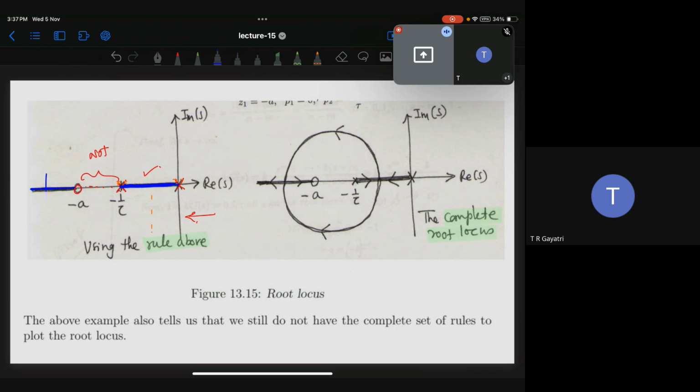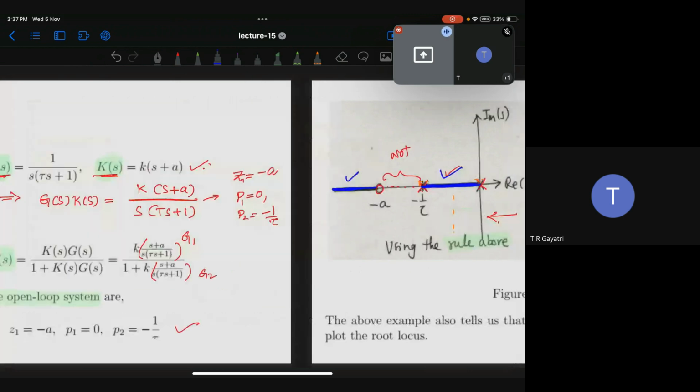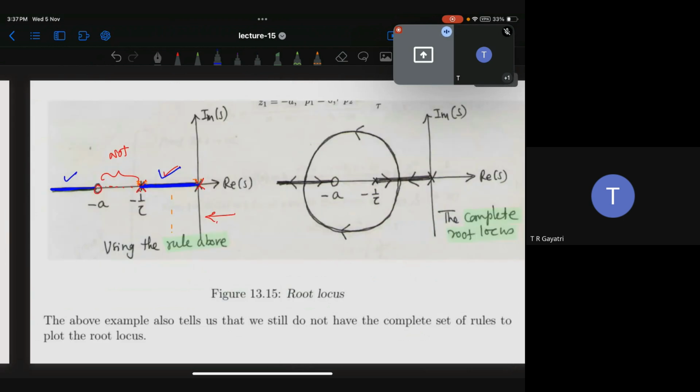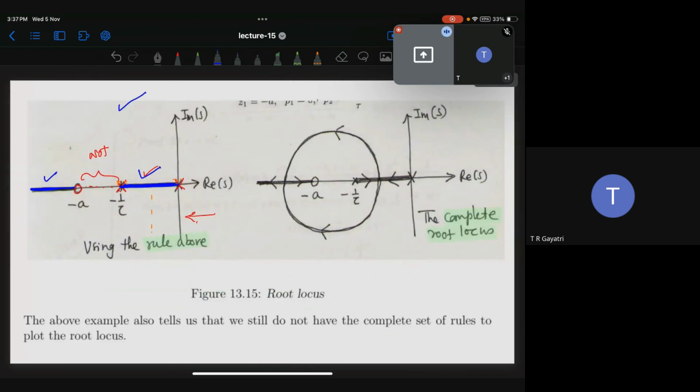Why? Because if you stay here and see right, you will see two poles and one zero, an odd number. So this is on the root locus, this is on the root locus.